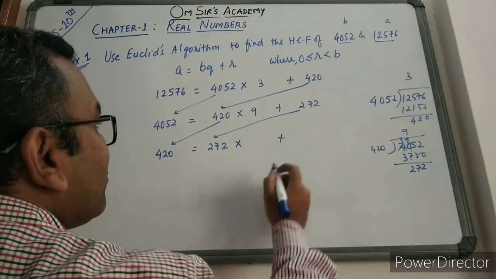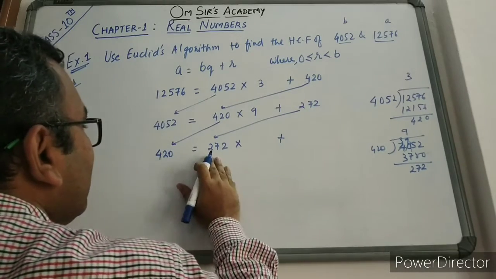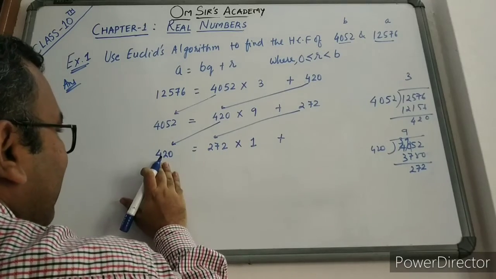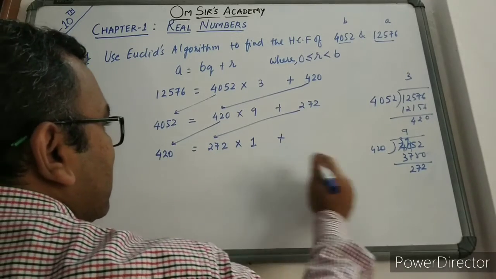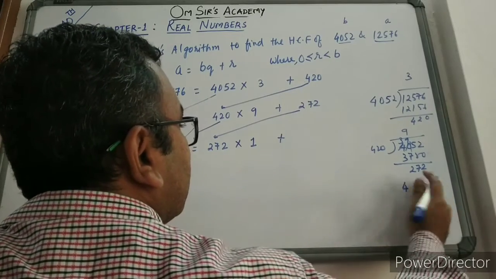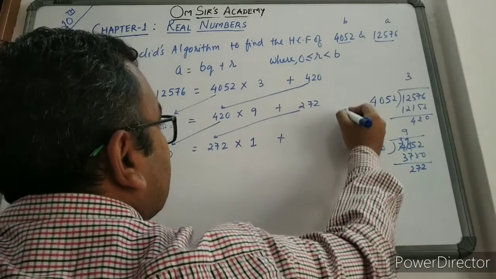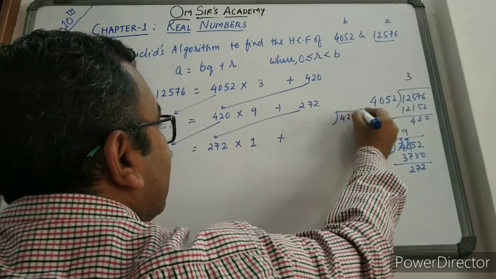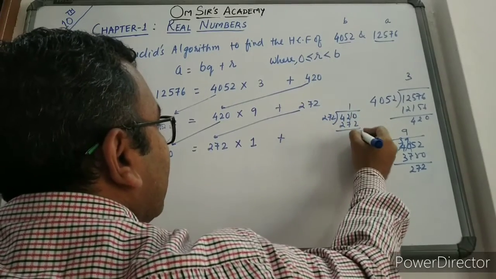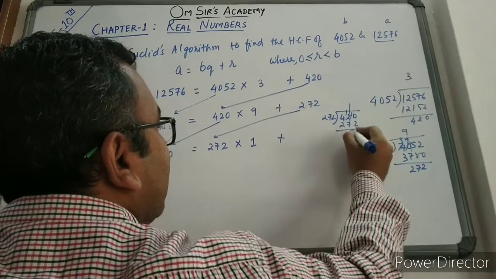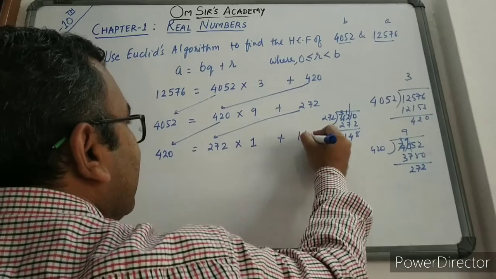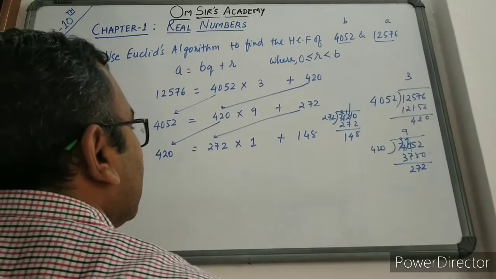Okay, so 272 ones are 272, and 272 ones are less than 420. So if I do it this way, 420 divided by 272, 272 ones are 272, and the subtraction gives 148. So the remainder over here is 148.